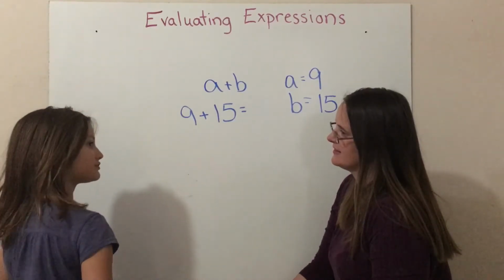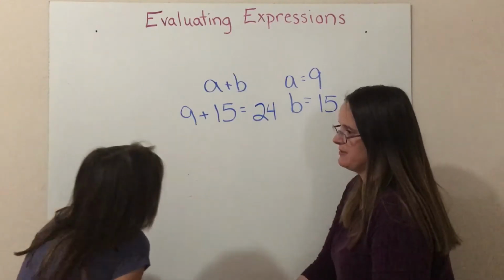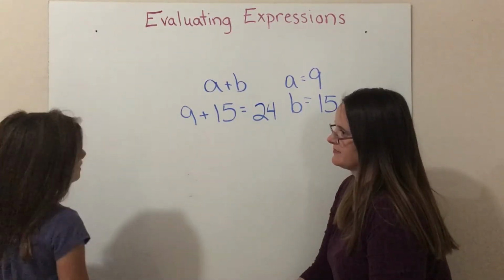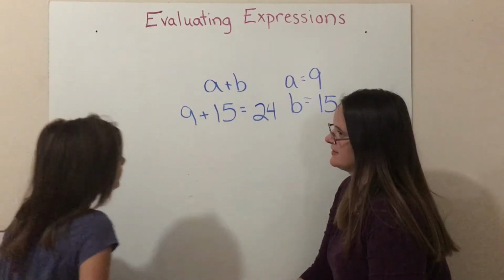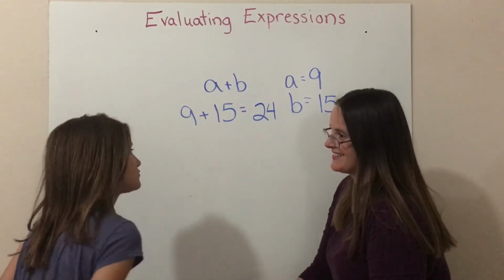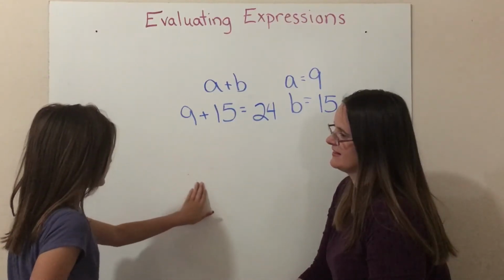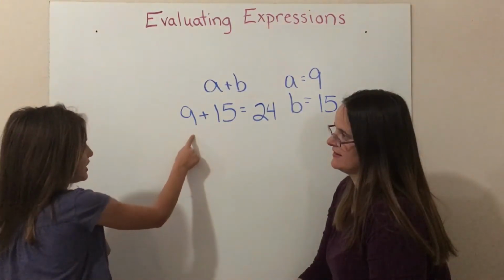The answer is 24. Do you want to tell me how you got that in your head? I know that 15 plus 5 is 20, and 5 plus 4 equals 9.